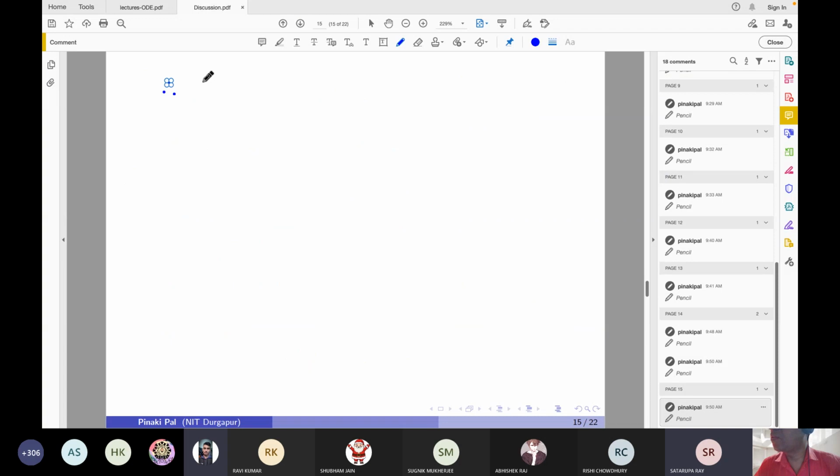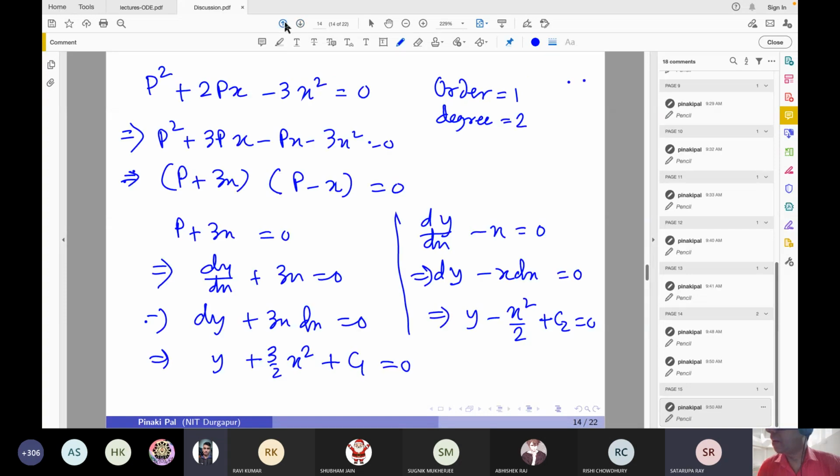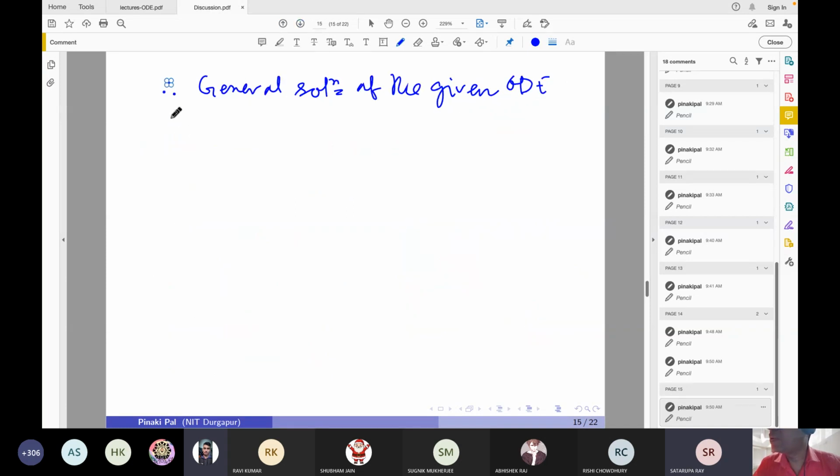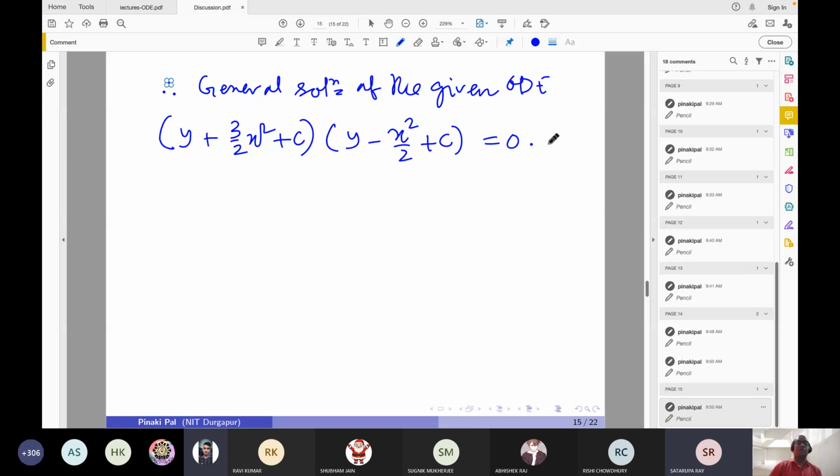So the general solution of the given ODE is, with only one arbitrary constant c now: (y plus 3/2 x square plus c)(y minus x square by 2 plus c) equal to 0. So this is how we have to solve the problem.